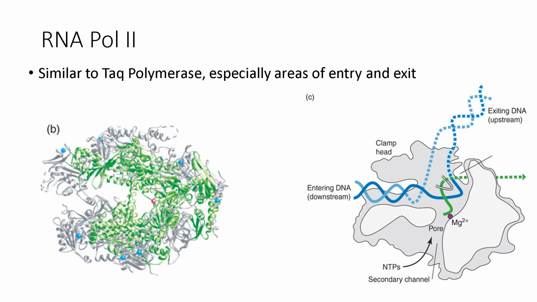RNA polymerase II is the enzyme primarily responsible for synthesizing messenger RNA, mRNA, in eukaryotic cells. Structurally, it's similar to taq-DNA polymerase, particularly in the regions where DNA enters and RNA exits. This enzyme plays a central role in transcribing protein-coding genes, and its regulation is a major point of control for gene expression.